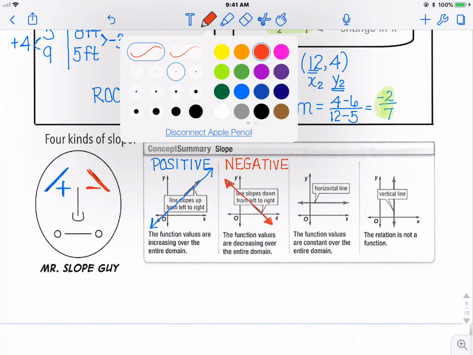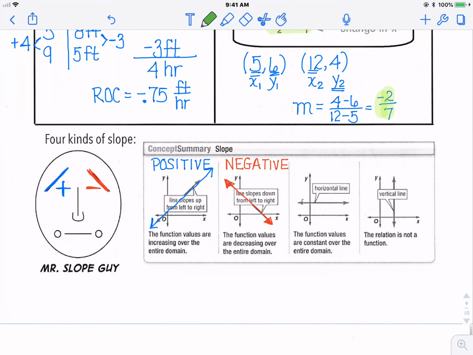But there's two other kinds of slope or rate of change. Slopes or rate of change for horizontal lines model some data that's not changing. It's staying at a constant. So this data might be staying at a constant y value of 3. If it's a horizontal line, when I check its rate of change, it's not changing. Its rate of change is 0. Its rise is 0, but it has run.